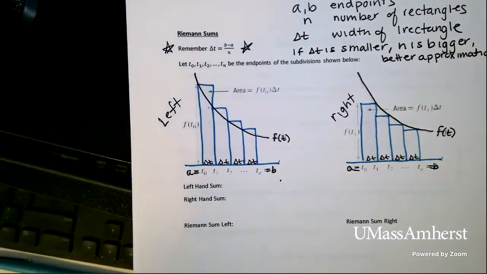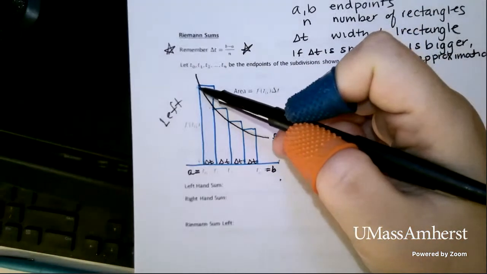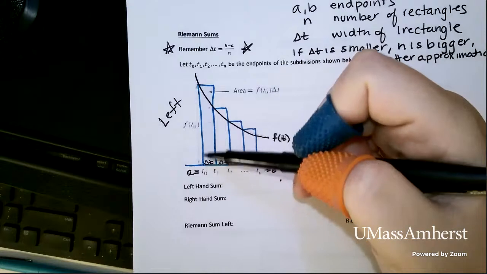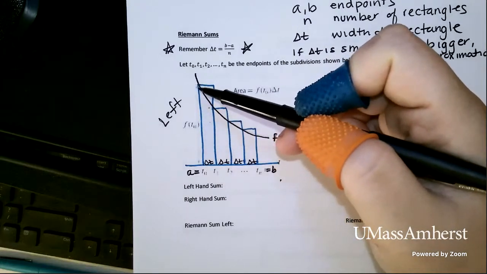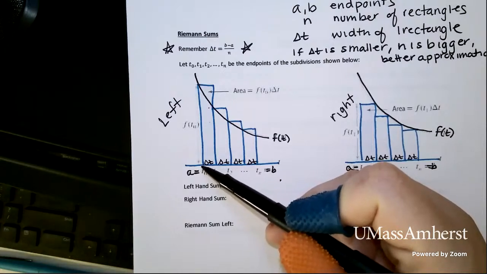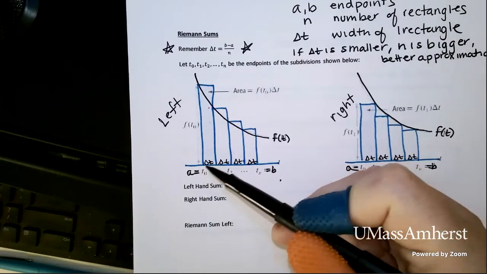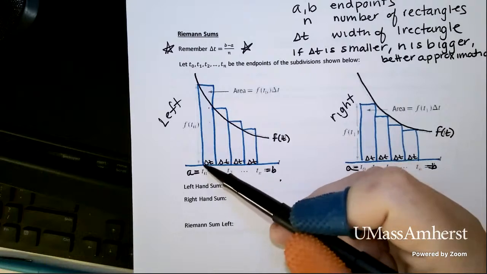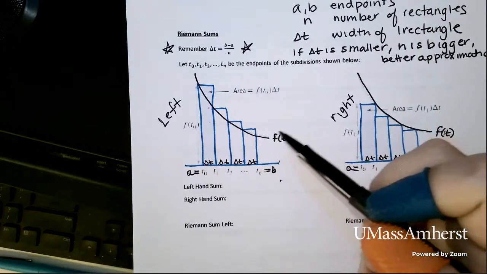Now the height is where things get a little more complicated. So on a left-hand approximation, the height of the first rectangle we find by plugging in the value from the left-hand corner between these two values into our generic f of t function.